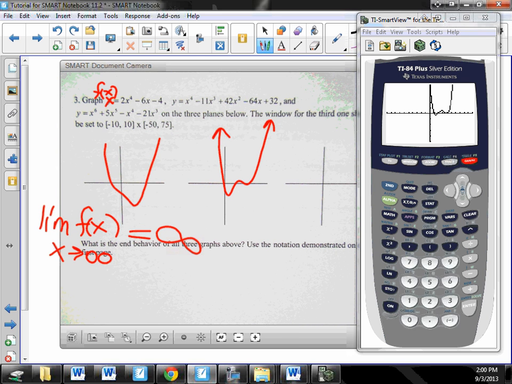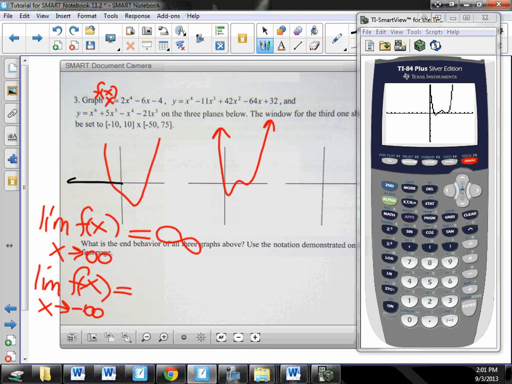As I move to the right, the graph goes up. Okay? Well, what is the limit of f of x as x approaches negative infinity? When I move to the left, what direction does y go? Up. So it is infinity.